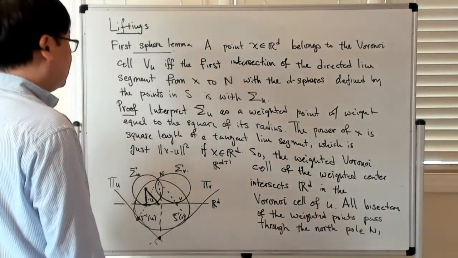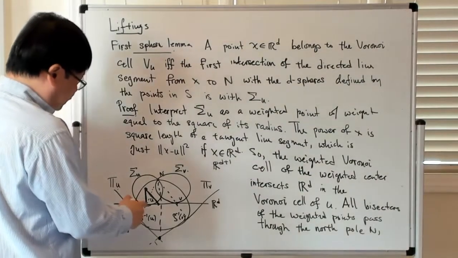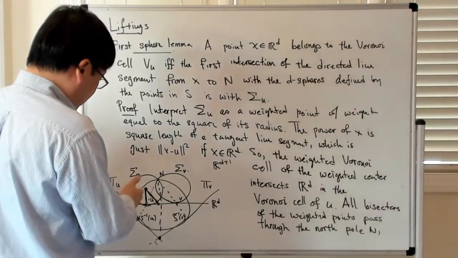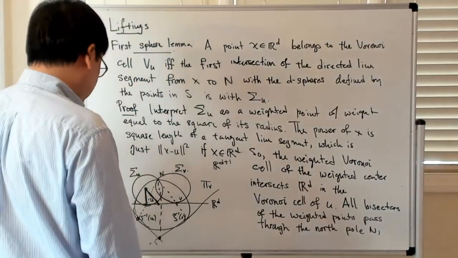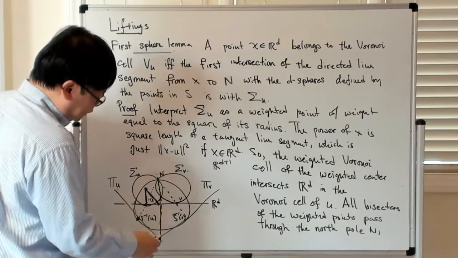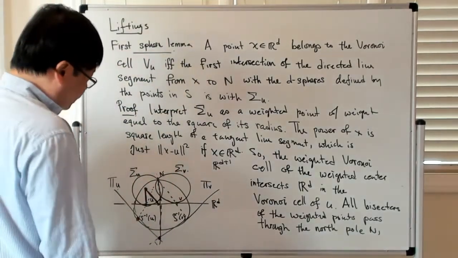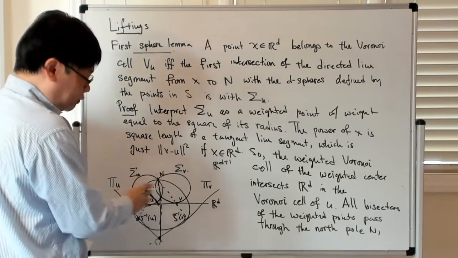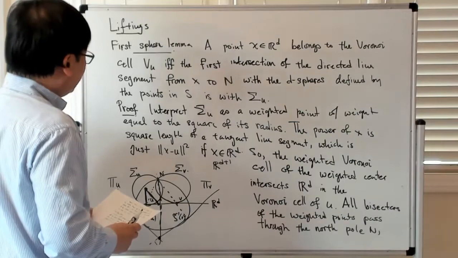And the way to think about this is that you're going from the point, in some appropriate sense, back. You can see that the bisector here separates the weighted Voronoi cells in the higher dimensional space. So based on where you intersect first, you'll be able to tell whether you're to the left or right of this bisector. So that's the statement of this first sphere lemma.